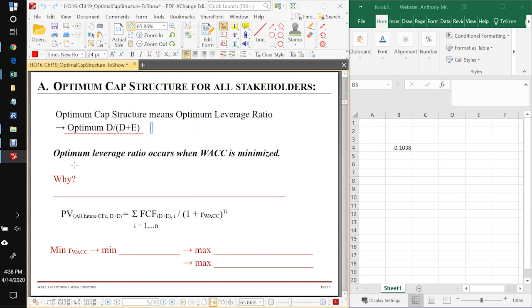And I'm here to tell you the optimum leverage ratio measured in this way by the debt to enterprise value ratio here occurs when the weighted average cost of capital is minimized. Now remember, this is the case we're looking at for all stakeholders. We'll get back to just shareholders in a bit.